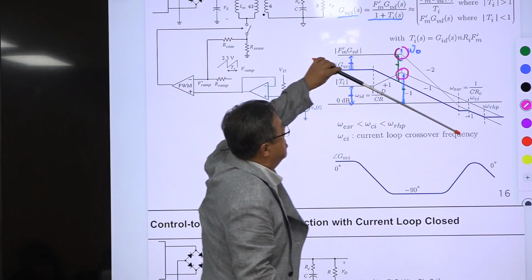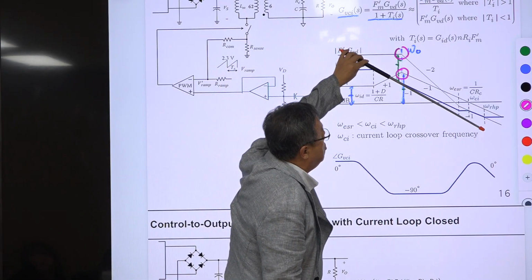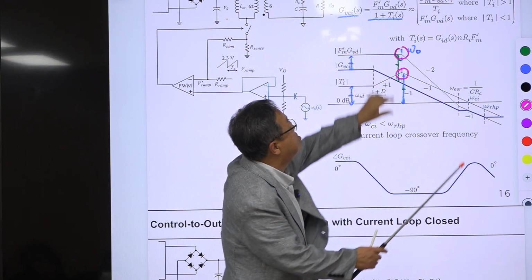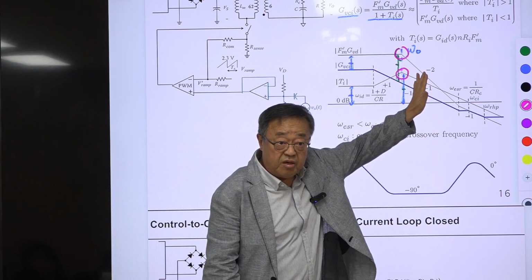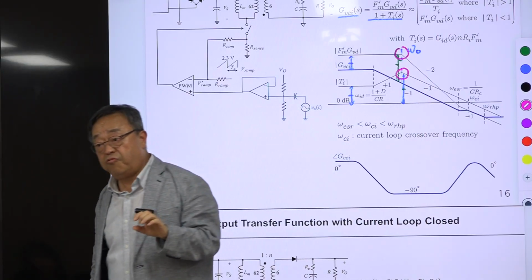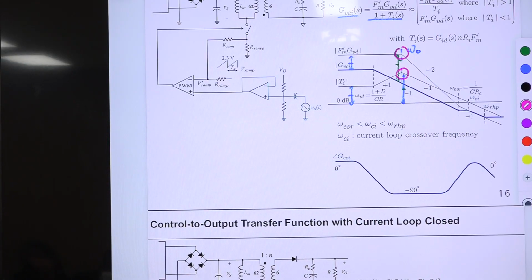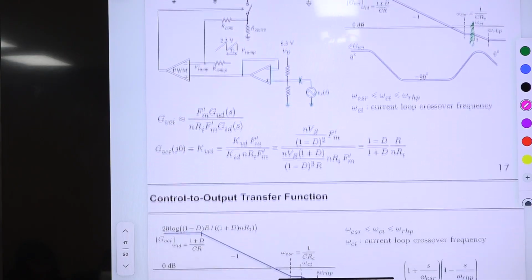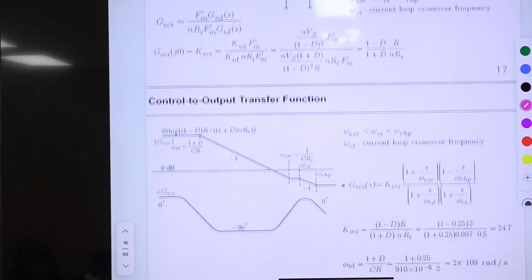And this is the first order characteristics with -1 slope. So this is effectively removed. Dynamics associated with the power stage double pole is cancelled, so it's not showing up in the control to output transfer function with current loop closed. And we determine this.